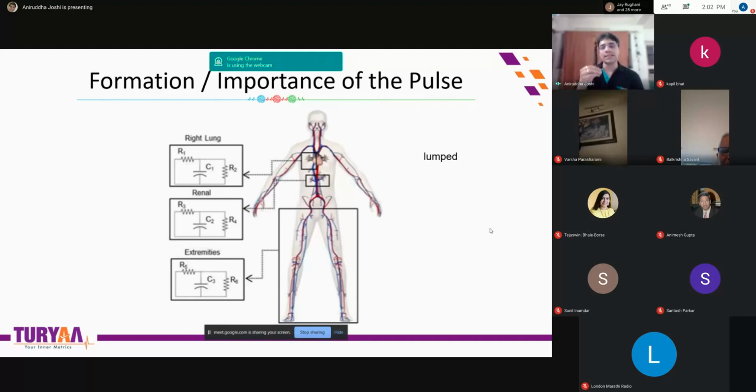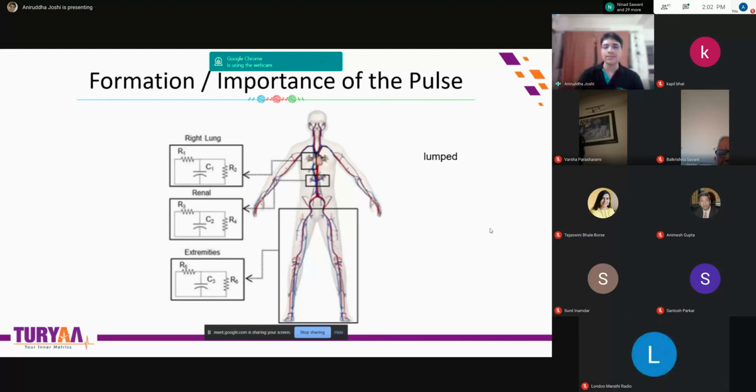So blood is flowing. It stops, it's accelerated, it's decelerated, and so on. So what this theory says is that in the body, there are thousands of such smaller circuits, and all those circuits are in series or parallel, connected ultimately to the heart, which is the battery source.